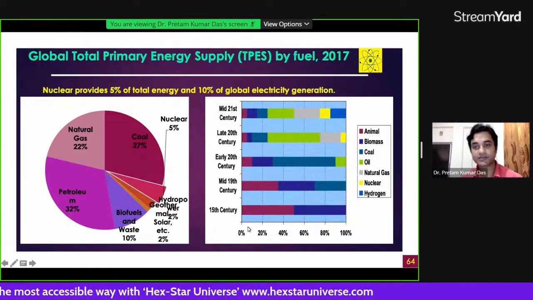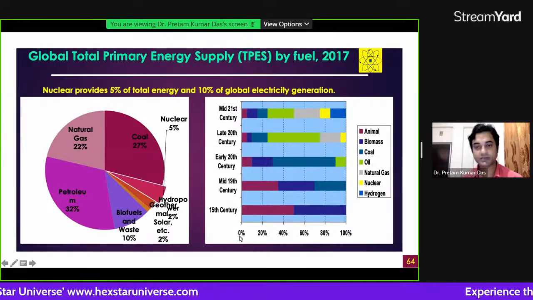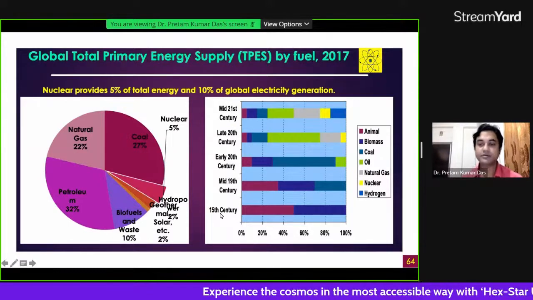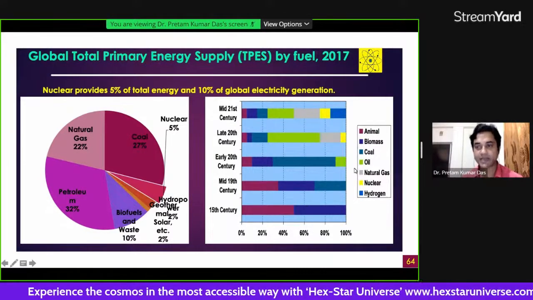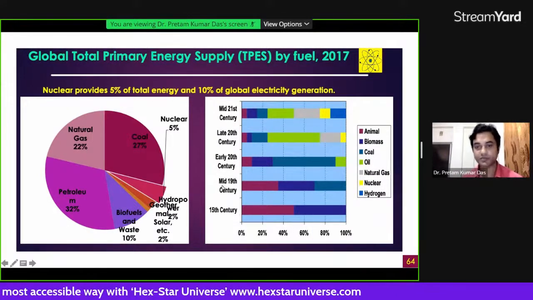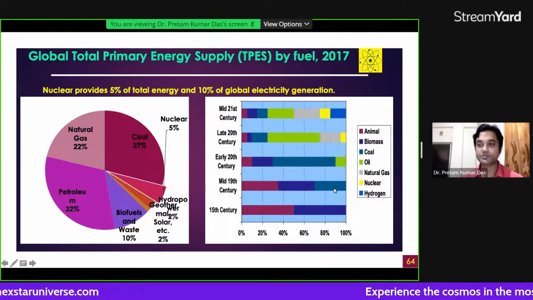If we look at this figure, we can see it on the basis of century. In the 15th century, we had just two energy sources: one from animals, another from biomass. As time went on, in the mid 19th century, we introduced a new energy source, coal.